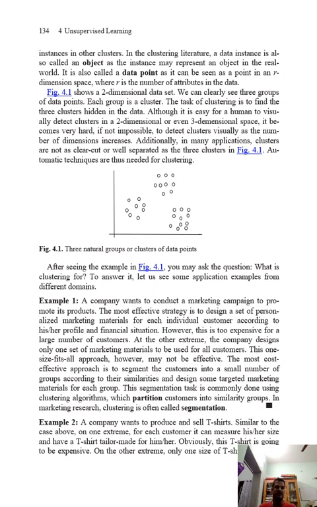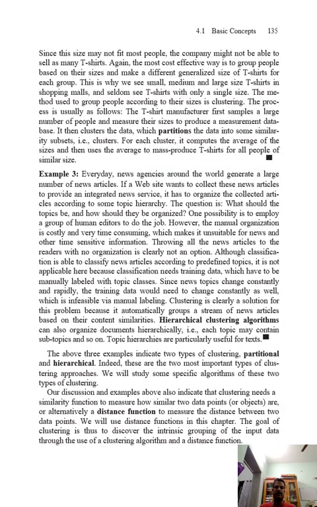So selecting the correct size and shape, or the similarity measure or the objective function, in clustering is very, very crucial. If you do not do that, the probability of you ending up with the wrong answer will be very high.